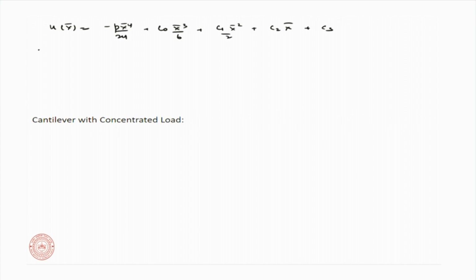On applying the boundary conditions, what we will get is that u of x bar equals minus p x square, x bar square by 2, x bar square by 12 minus x by 3, x bar by 3 plus 1 by 2.